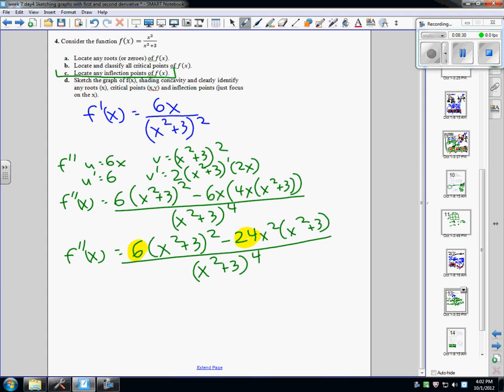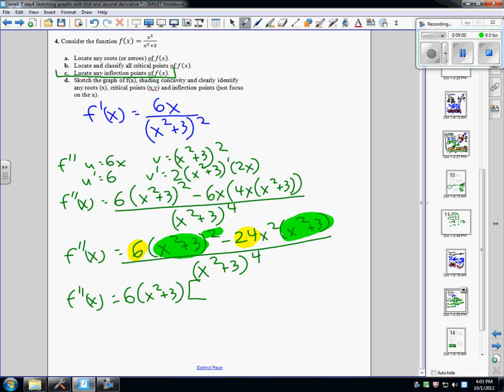The 6 and the 24, I have something in common there, so I can take out a 6. And let's see what else I have in common. I have x squared plus 3. I know I have 2 of these, but over here I have x squared plus 3 and I only have 1 of them. So I can take out an x squared plus 3.